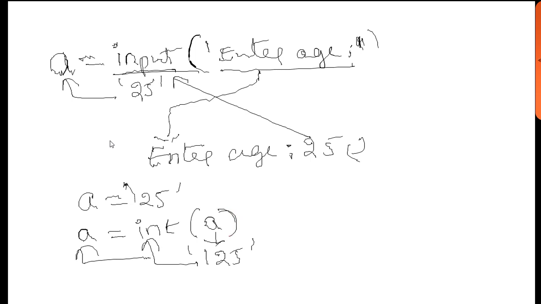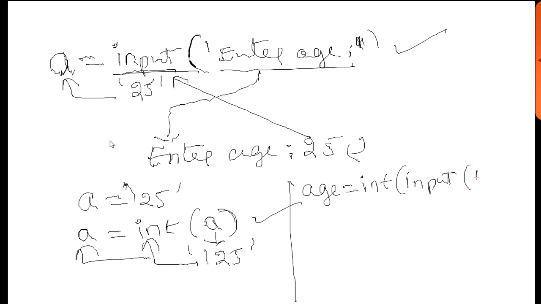Now, instead of writing these two statements, we can write one single line. How? Let me write: age is equal to integer of input of 'Enter age'.